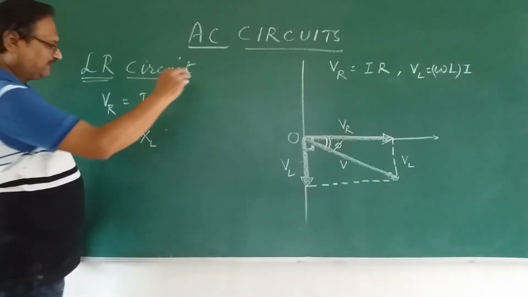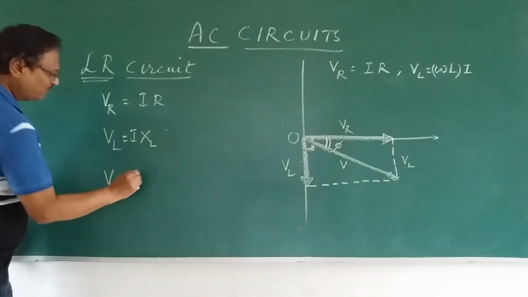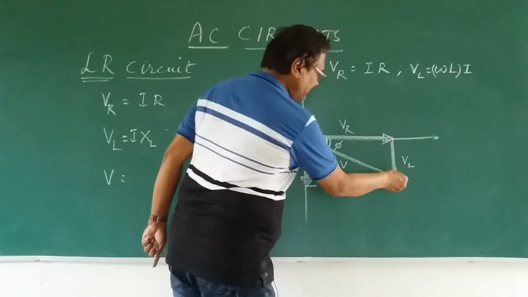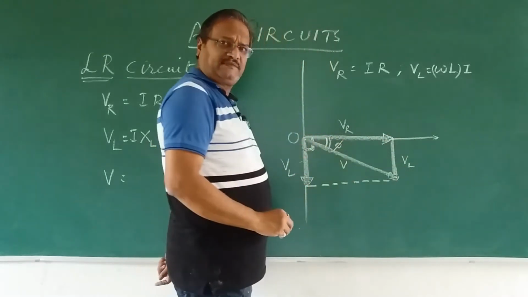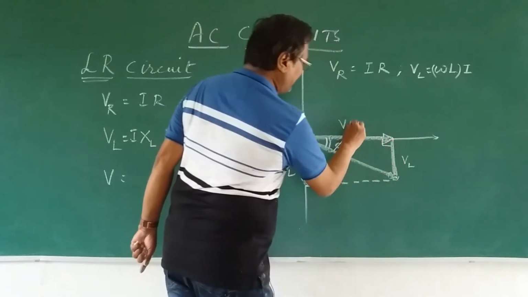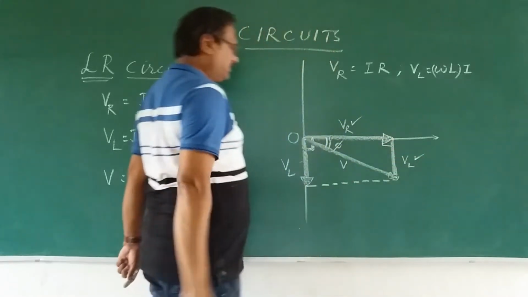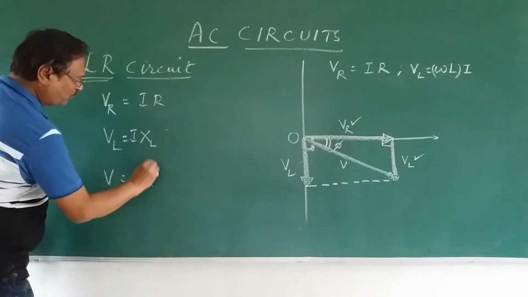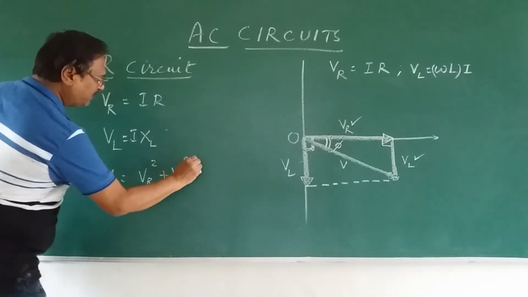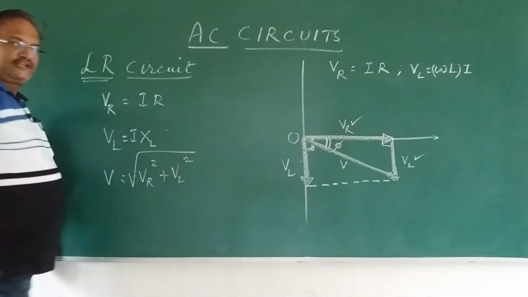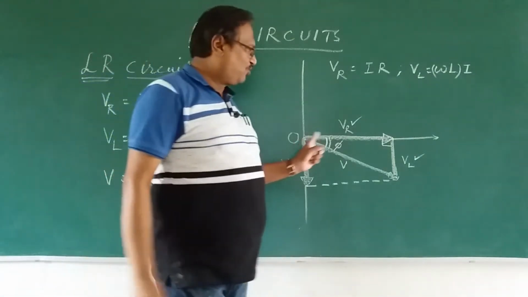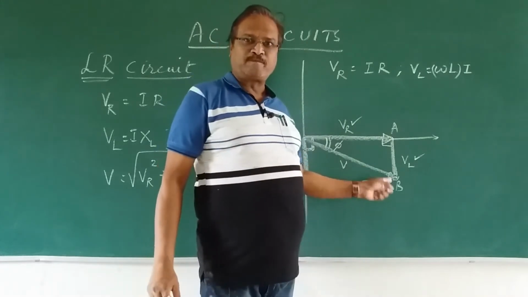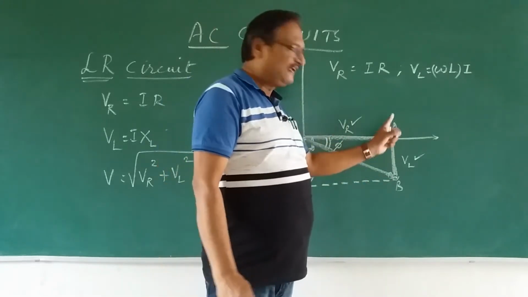Now I want to know what V is. Don't you think this represents a right angle triangle? I can write V is equal to the root of VR square plus VL square. That is triangle OAB: OB square is equal to OA square plus AB square.